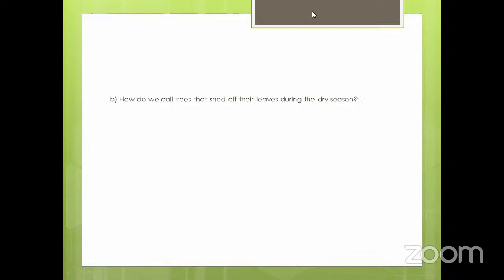Do we know the name given to those trees? We say that they shed off their leaves because they want to reduce the rate of what? Transpiration. So what is the name given to the trees that shed off their leaves?